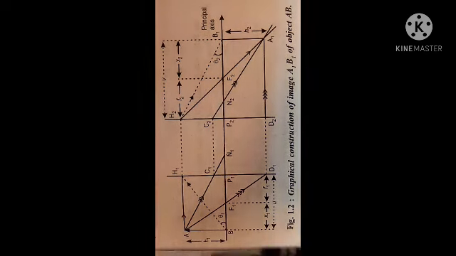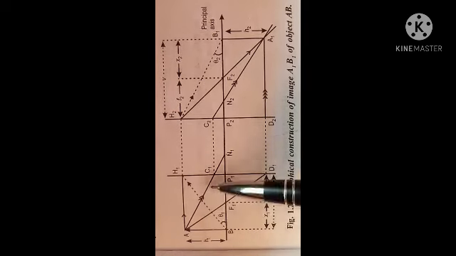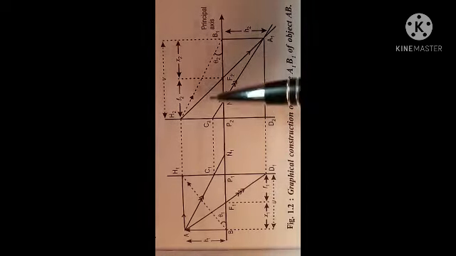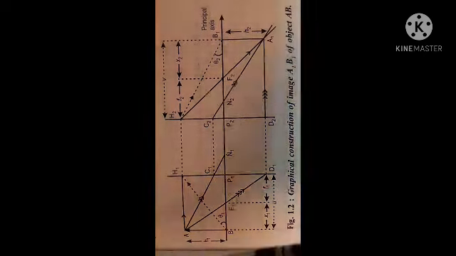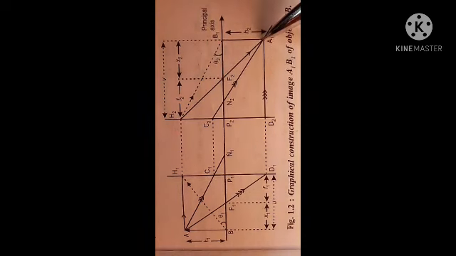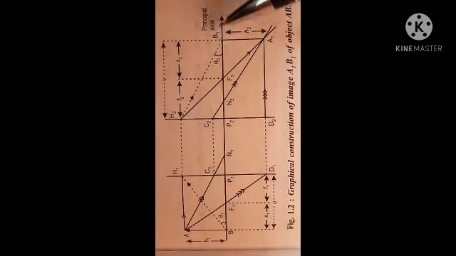That means all these rays, single arrow, double arrow and triple arrow, converge at A1. Therefore the image of A is produced at A1 and the image of B is produced at B1 on the principal axis.